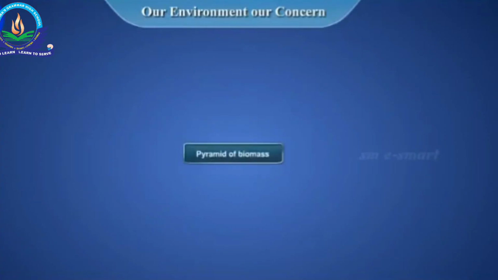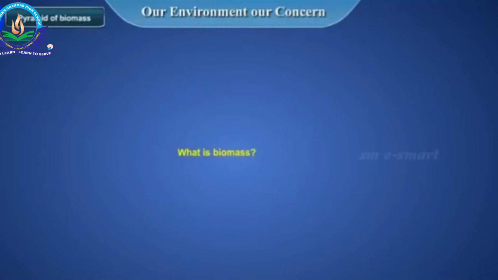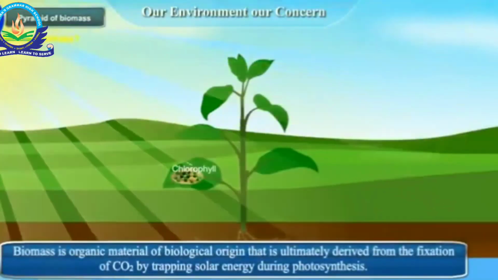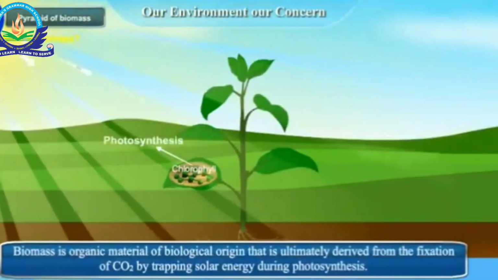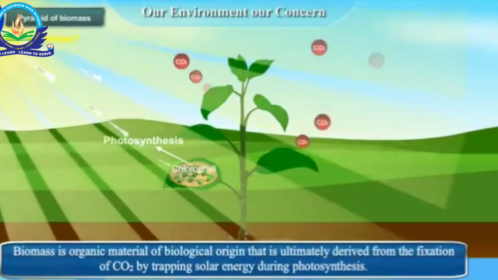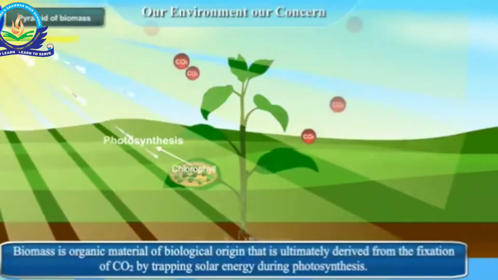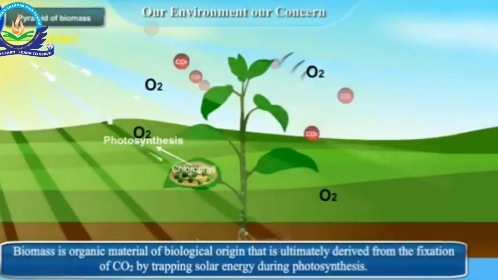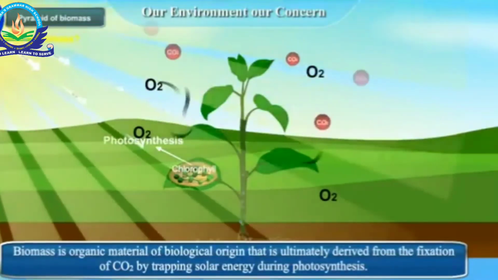Pyramid of biomass. What is biomass? Biomass is organic material of biological origin that is ultimately derived from the fixation of carbon dioxide by trapping solar energy during photosynthesis.